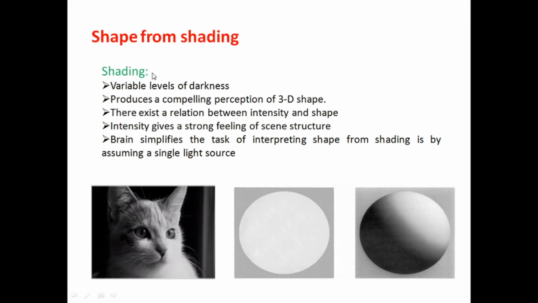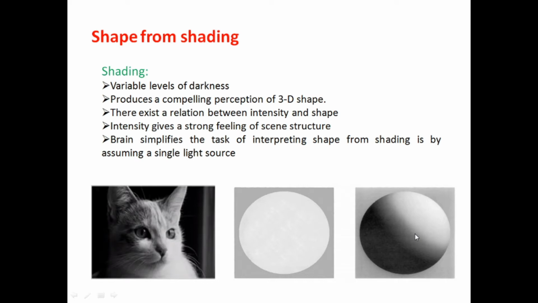According to shading, this image and this image exhibit variable levels of darkness, and because of the presence of this shading concept, I may get a compelling perception of my 3D shape. So from here and from here I am able to get some 3D object perception.